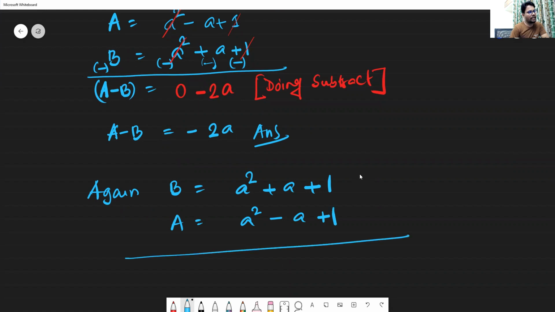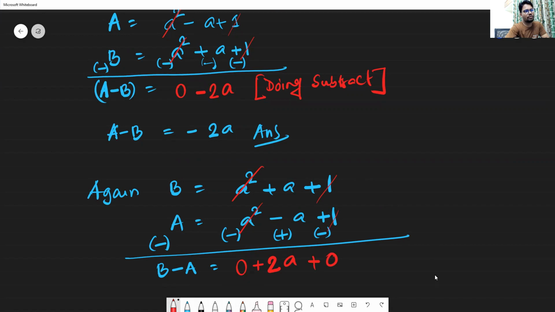So now B minus A, so do subtract here, this positive 1 will be negative, this negative 1 will be positive, and positive 1 is negative. So now B minus A is equal to, positive A square, negative A square we can eliminate, here is twice A and this is 0, and plus A and minus A we can eliminate them, and this we can also eliminate, and there is now 0.